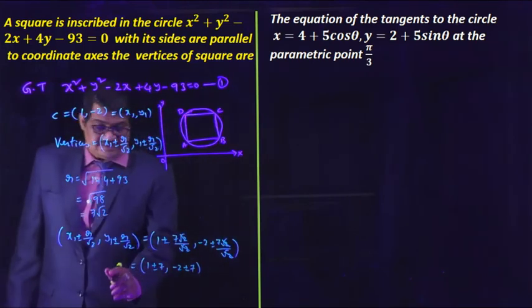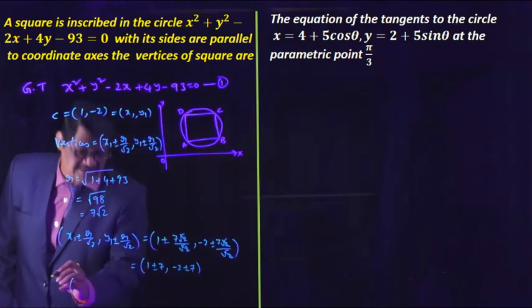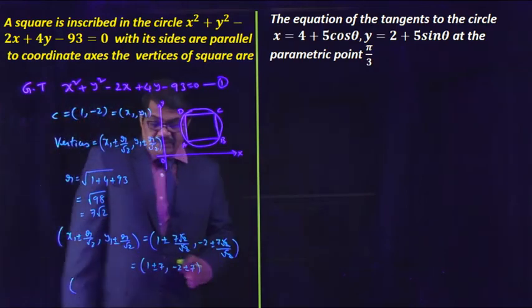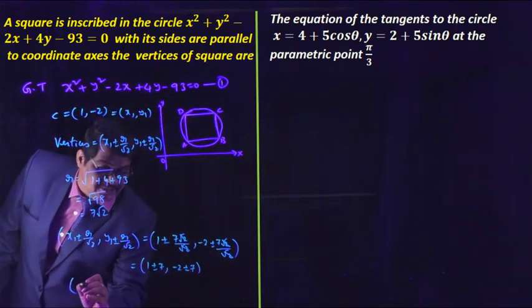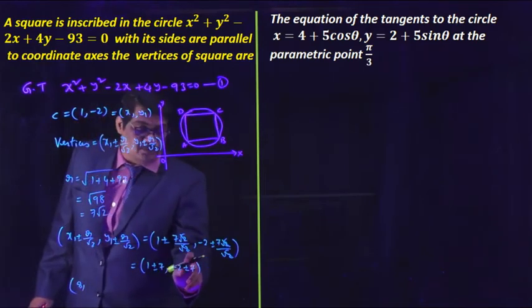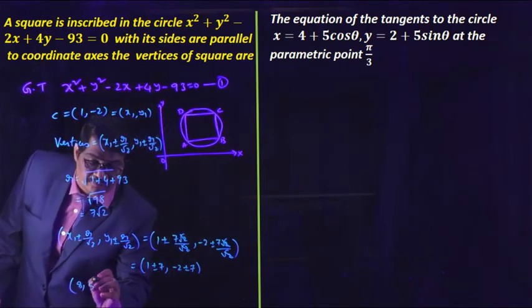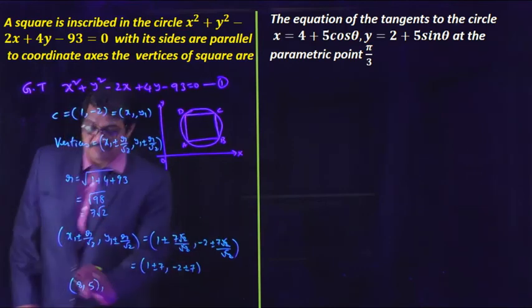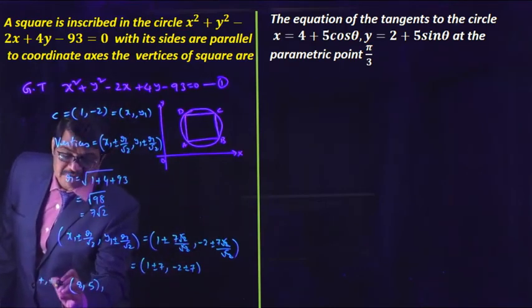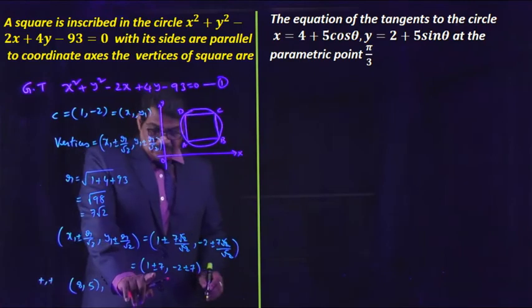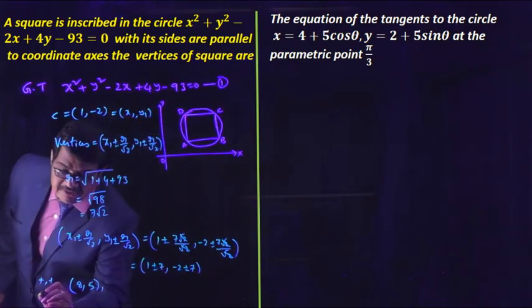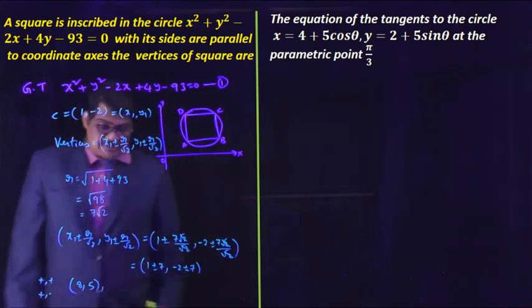Therefore the vertices are: first we take both plus, then we are getting 1 plus 7, that is 8. Here minus 2 plus 7, that is 5. Take both are plus. Now we take plus and minus.